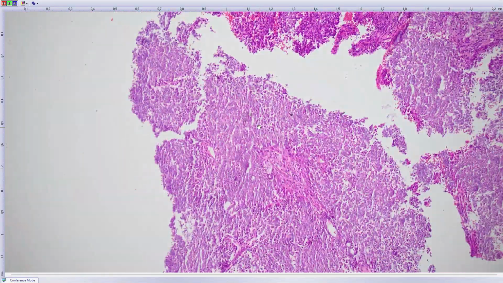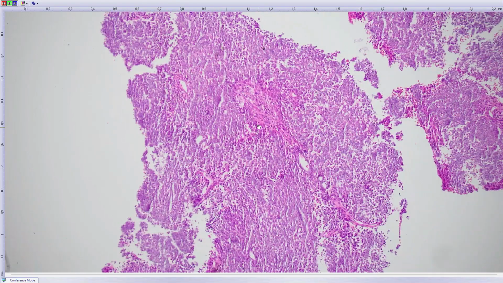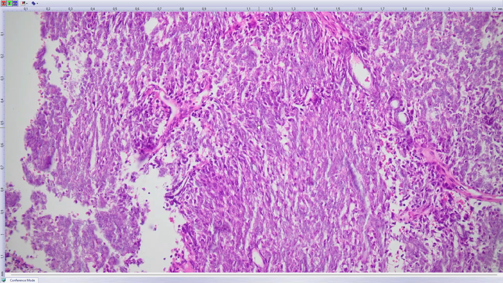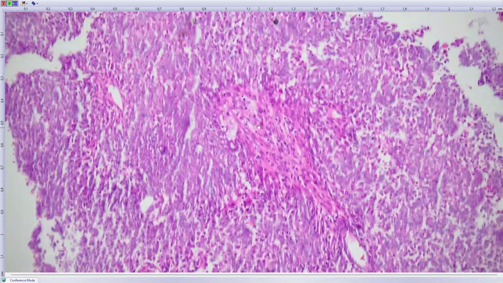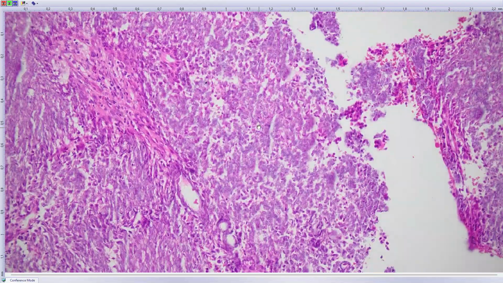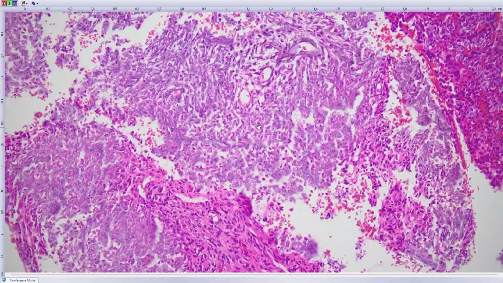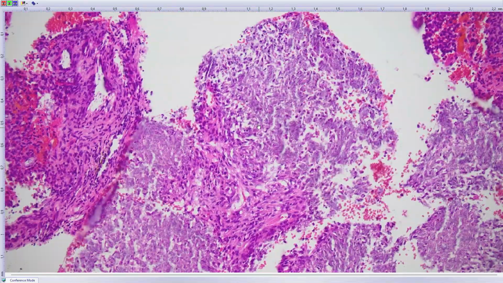And then there is another appearance to it, where you basically have in the background the same cells as we saw at the start, but in these other areas you have a lot of calcifications, basically very diffuse, very fine calcifications in between the tumor cells.